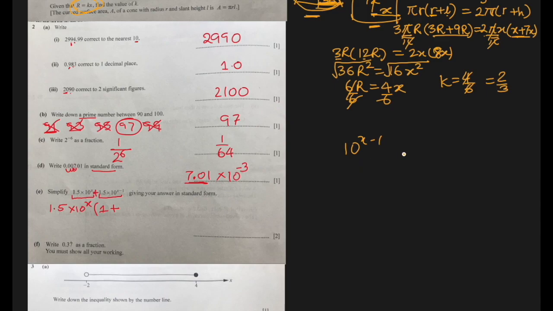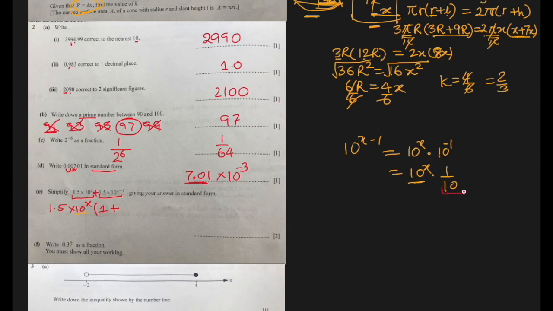Can I write this as 10 to the power x multiplied by 10 to the power minus 1, which is 10 to the power x multiplied by 1 over 10? Just like in the previous question, we made it 1 over 2 to the power 6 to make it positive. To make this negative 1 positive, I did this. So in the second term, if 10 to the power x is taken common outside here, what should be written inside?